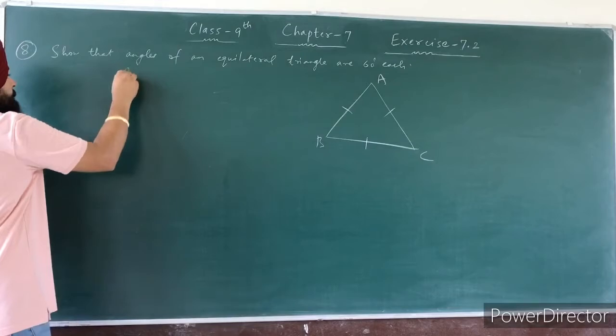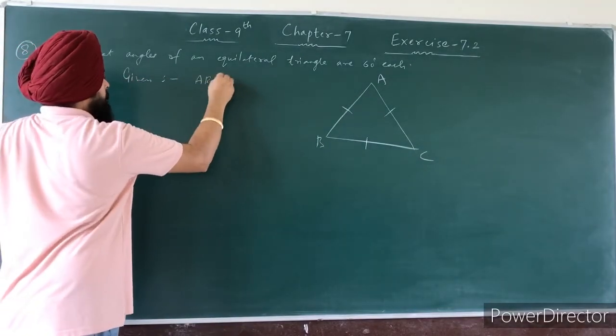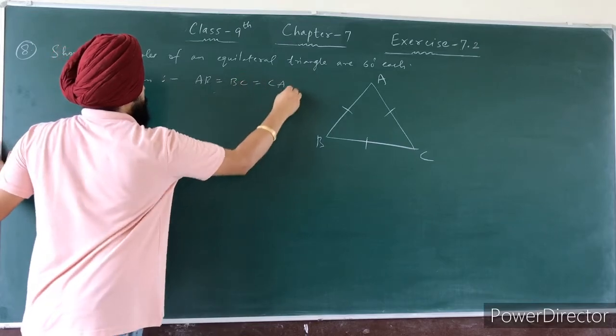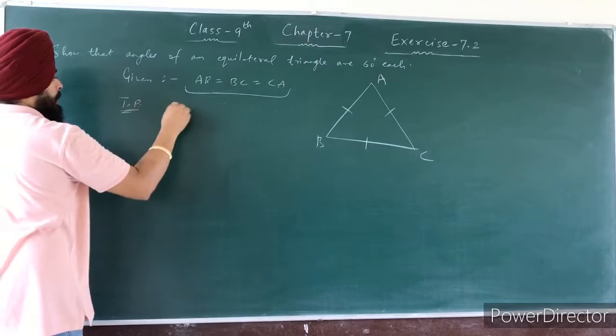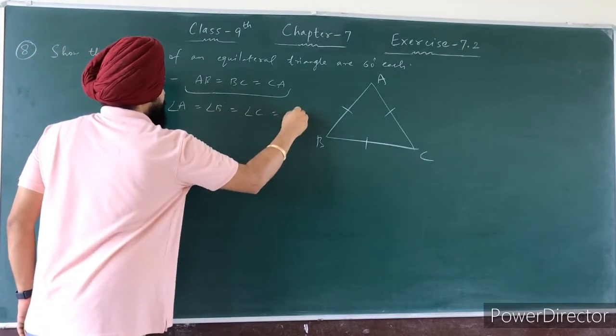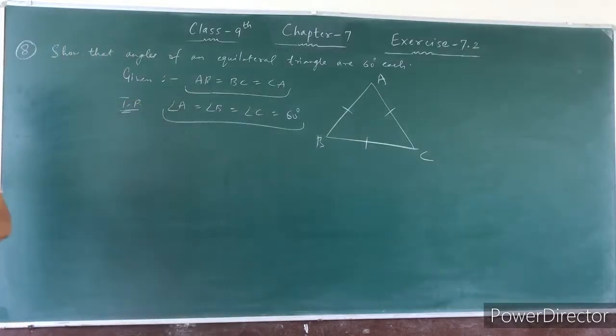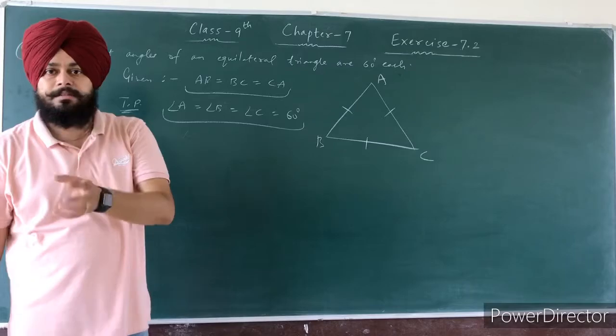So you can write here given AB equal to BC equal to CA. It is given. So we have to prove that angle A equal to angle B equal to angle C of measure 60 degrees. Because इतने लिखा था each मतलब हर एक angle 60 degrees measure का होगा.